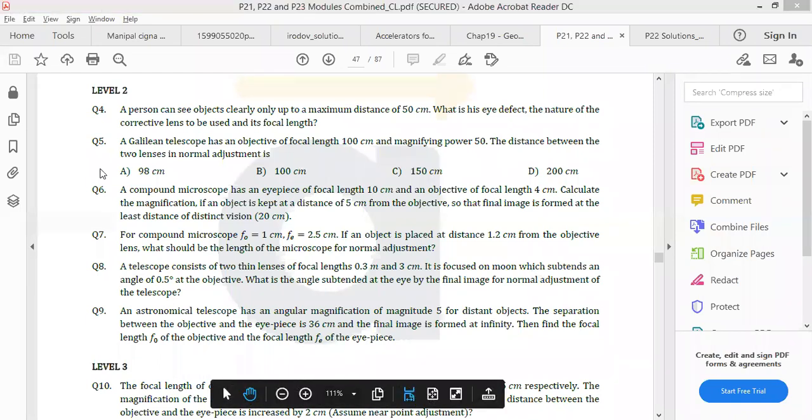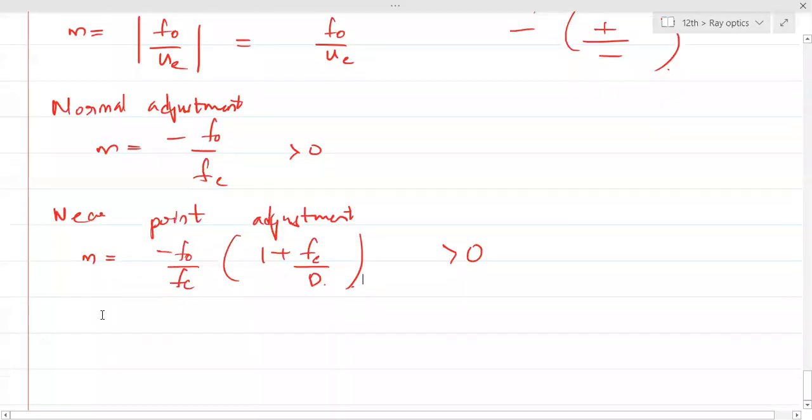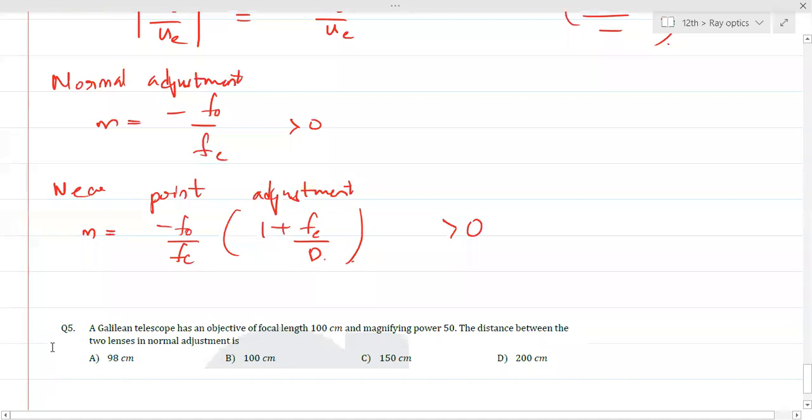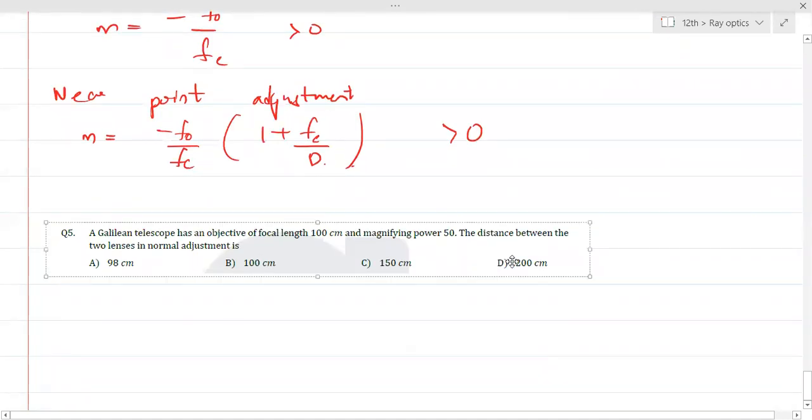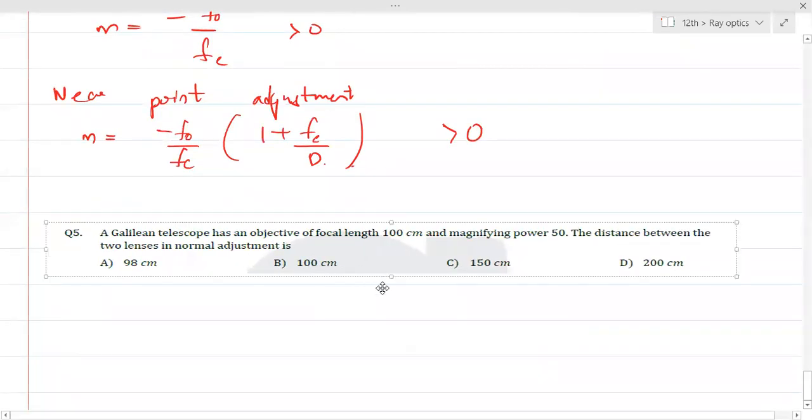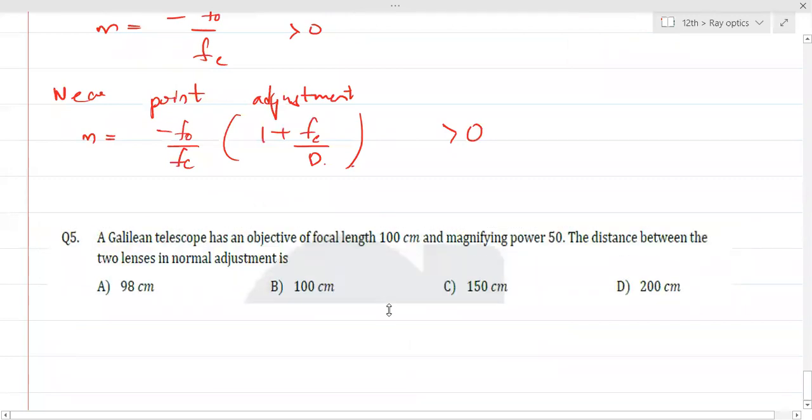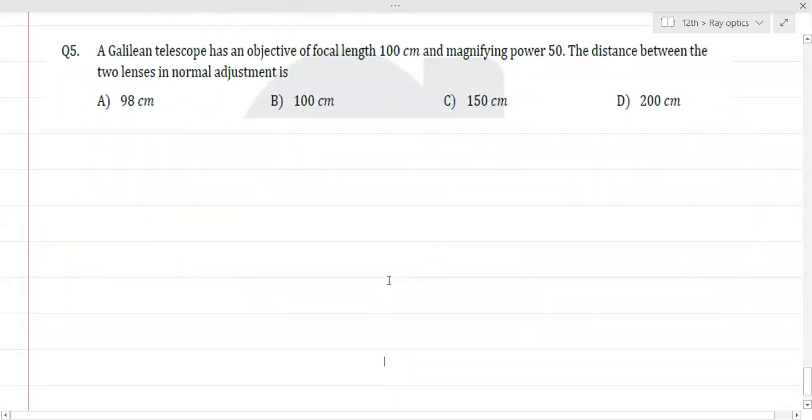Try doing this. Question number 5, let me copy and paste it. Do it.